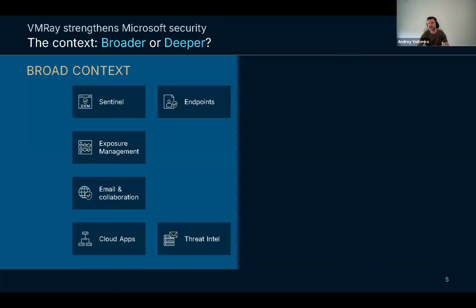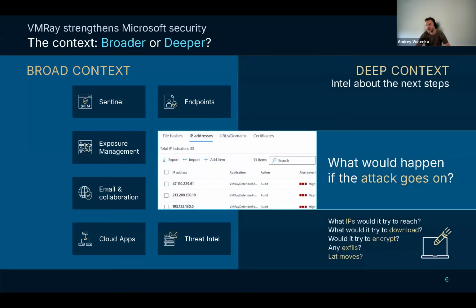There is, however, the second part that is really often missing, which is the deep context. To better illustrate that, it's the answer to the question: what would happen if the attack continued? What files would be downloaded?